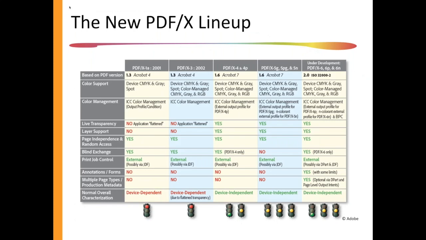This is a document that probably talks to many of you about what you recognize of PDF, except perhaps for the last column, under development, PDF/X-6. Everything that we've known on PDF/X today went only as far as the PDF version that existed in 2007.